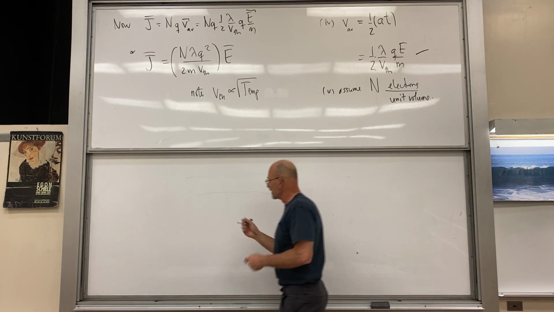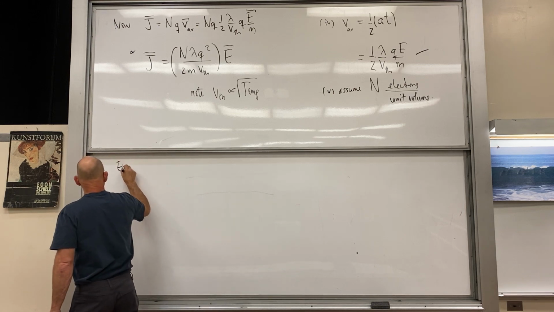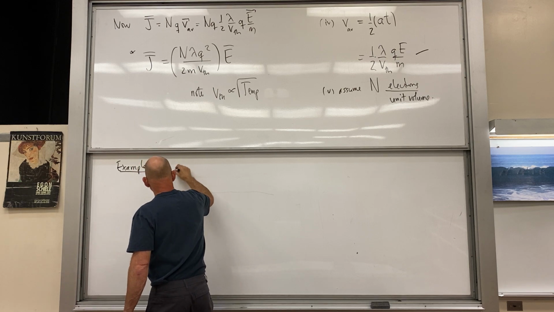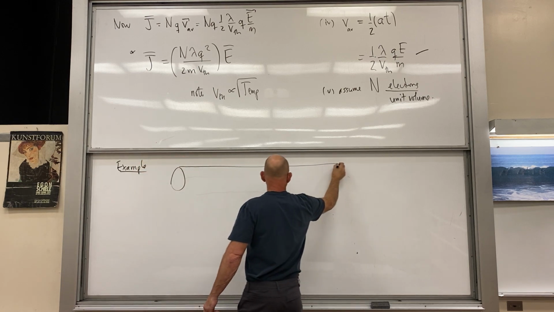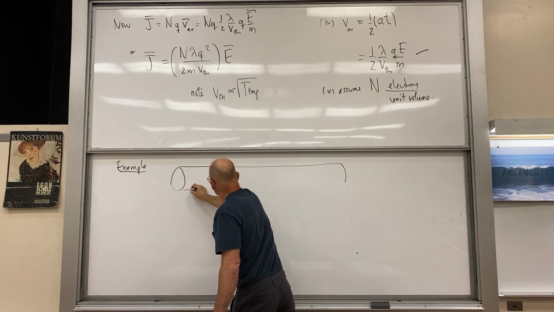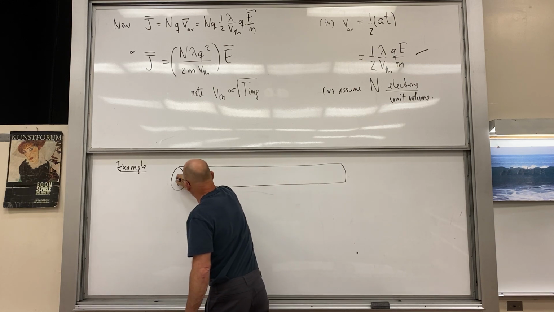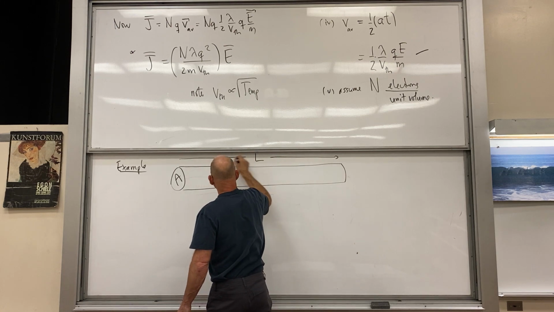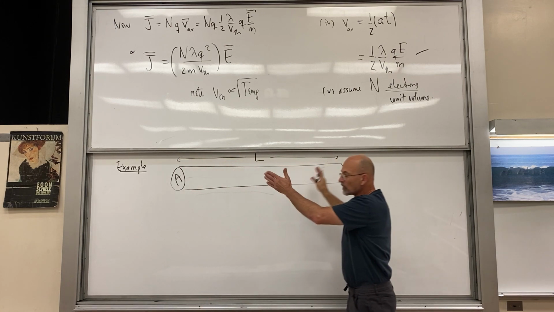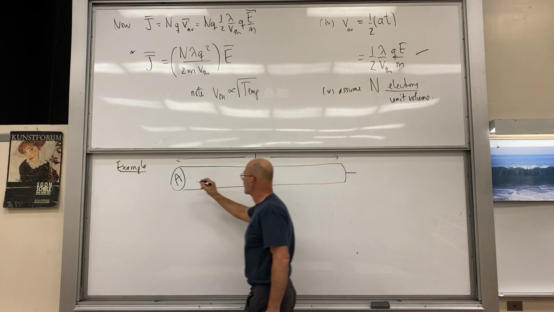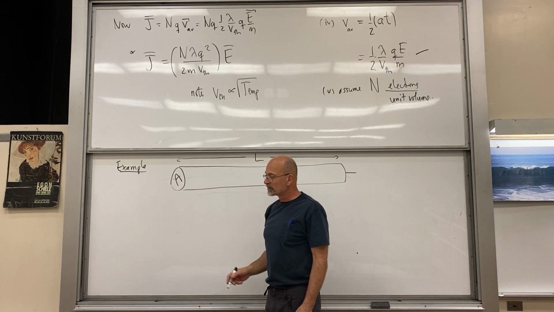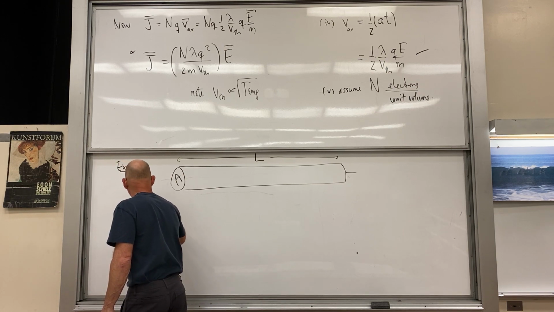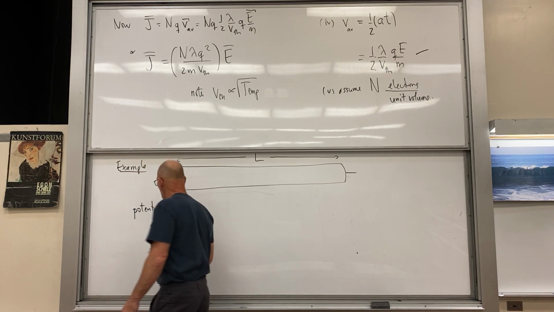So we'll just call this an example. We have some kind of cross section, could be circular. We can call this cross section A and length L. And we're going to have a potential across the two ends here, just call it V. We've got potential V across the ends right there.